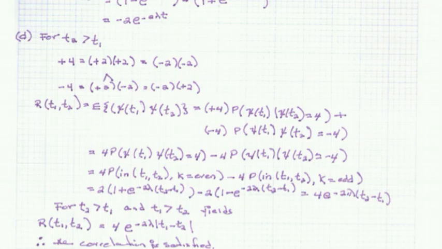But in any event, this is equal to plus 2 times the probability of the random variable X(t) equal to 2 plus a minus 2 times the probability of the random variable X(t) equal to minus 2.